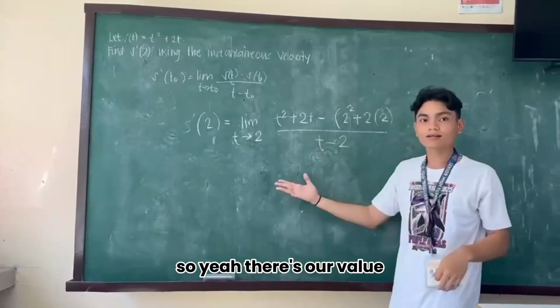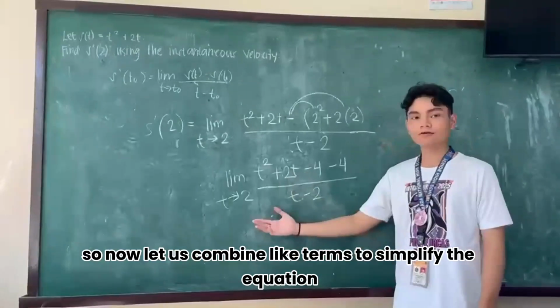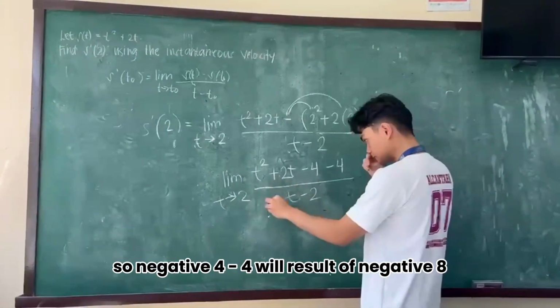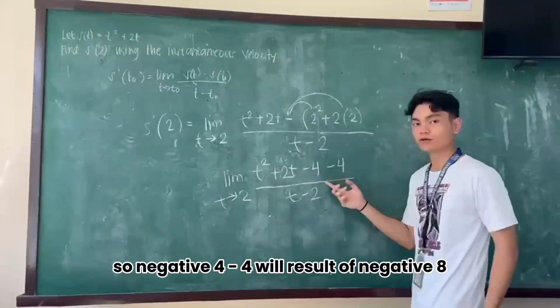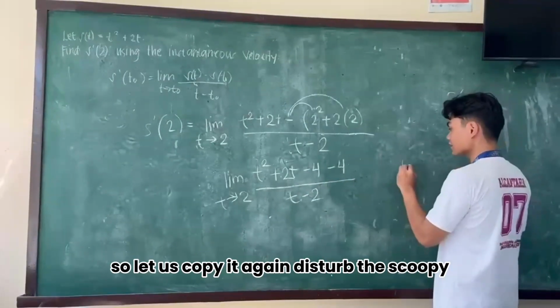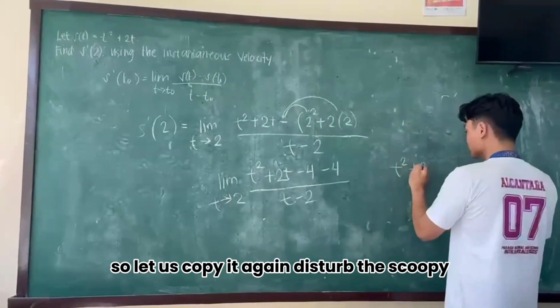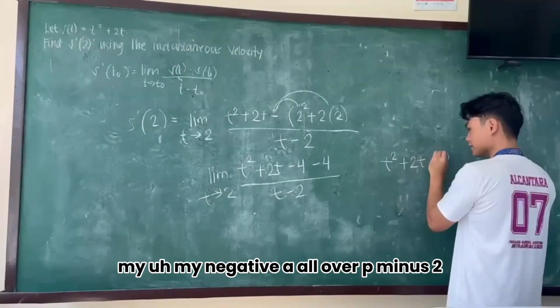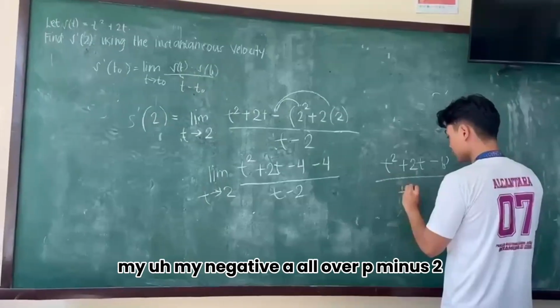So there's our value. Now, let us combine like terms to simplify. -4 minus 4 will result in -8. So let us copy it again: t squared plus 2t minus 8 all over t minus 2.